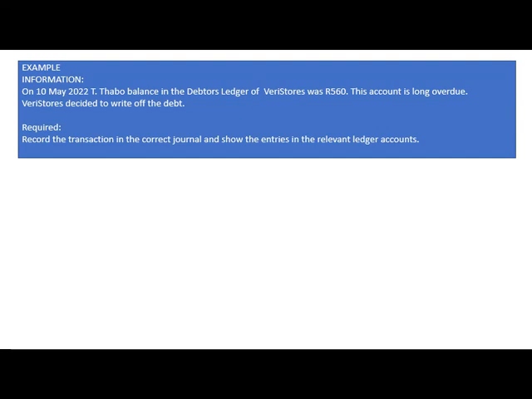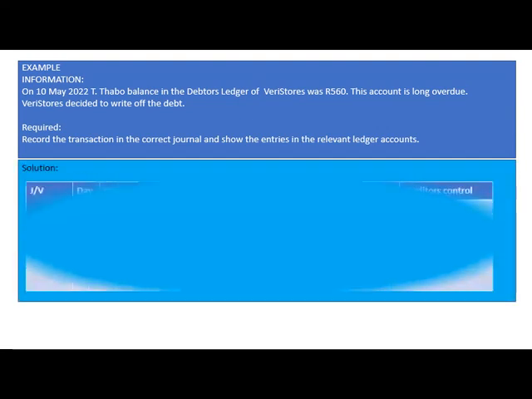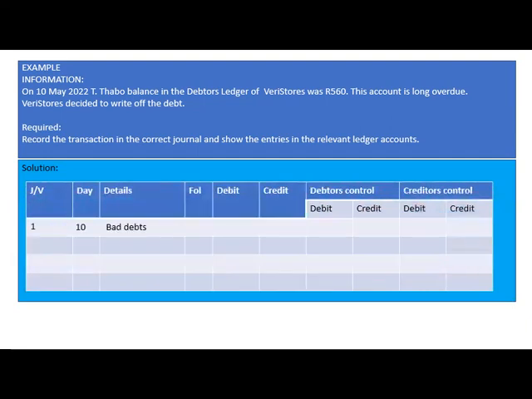We did everything we can, and clearly we have to write this person off. So we are going to debit bad debts and credit Tibo Touch by that 560. But because Tibo Touch is also a debtor, we are going to credit debtors control.